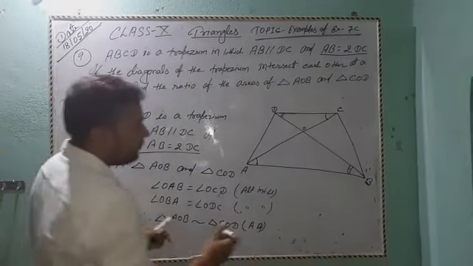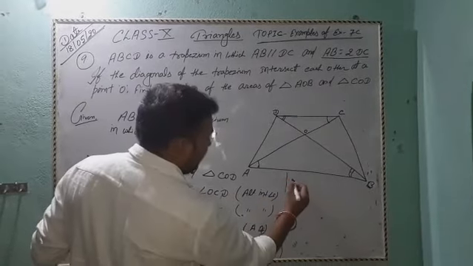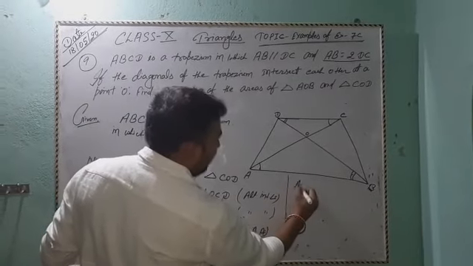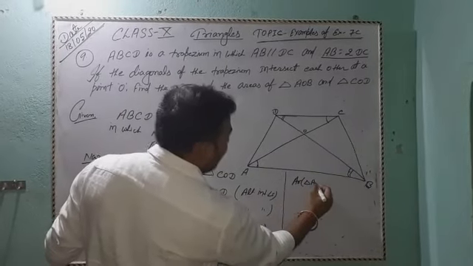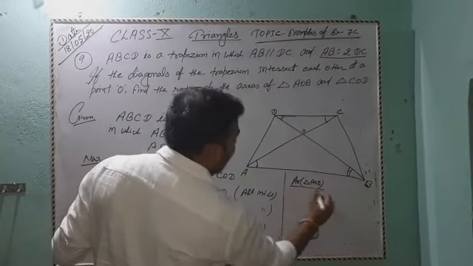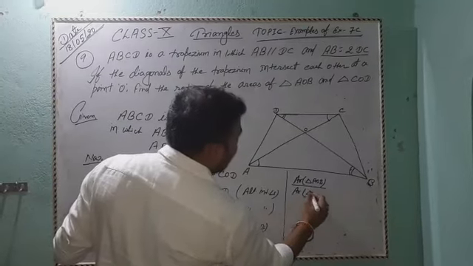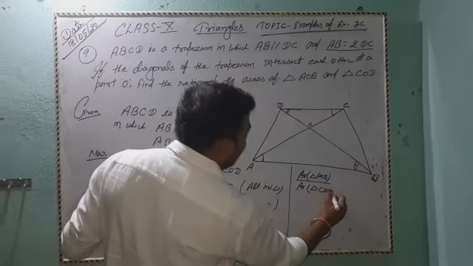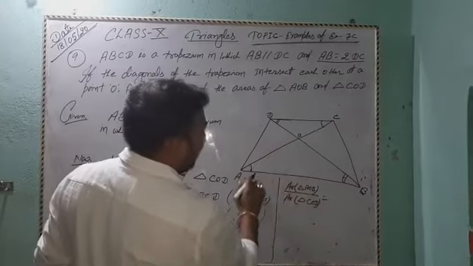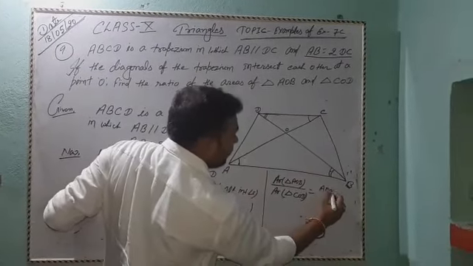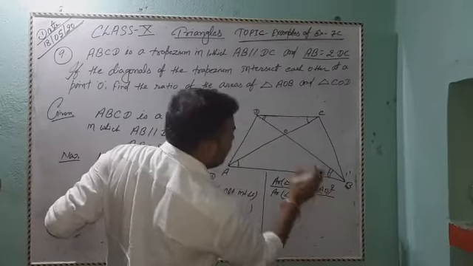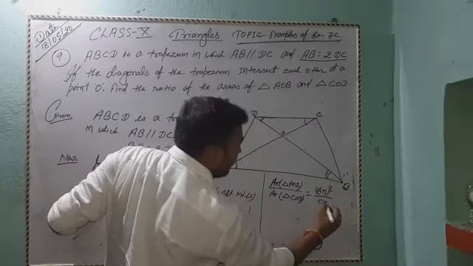Then area of triangle AOB divided by area of triangle COD equal to AB square divided by CD square.